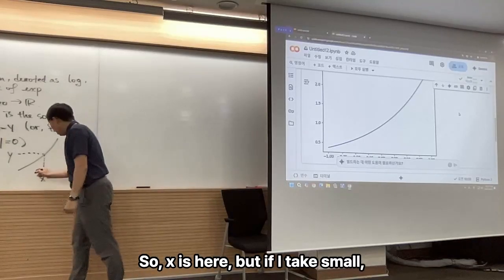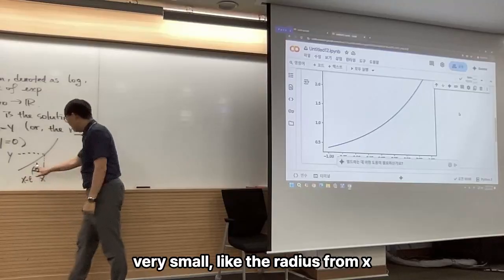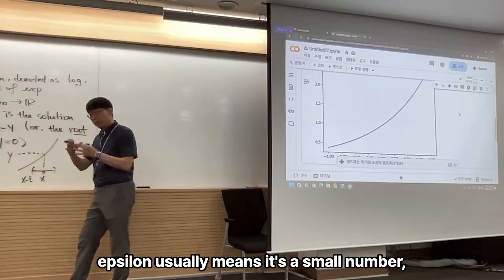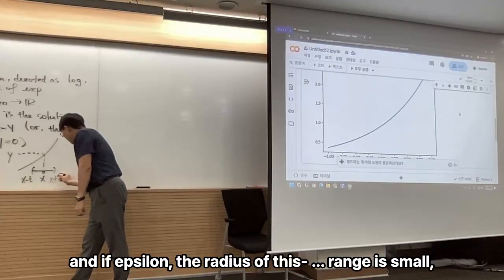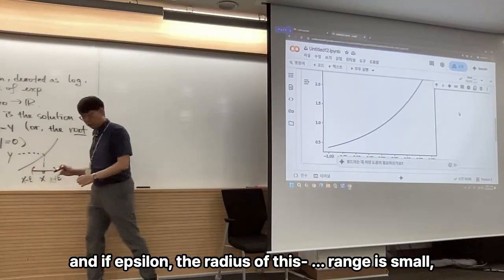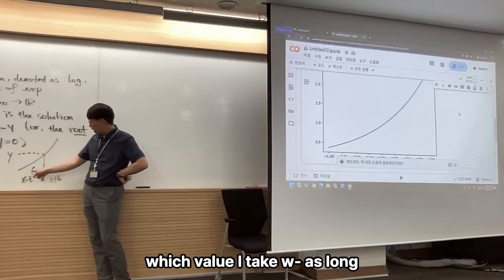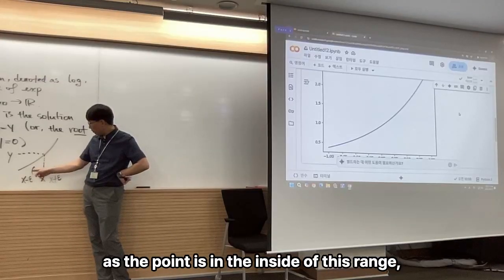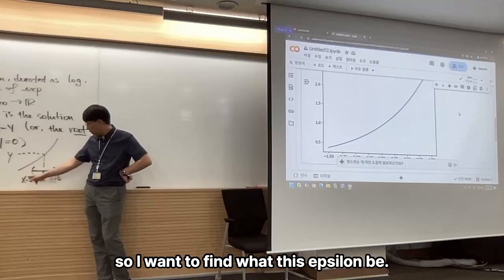So x is here, but if I take a very small radius from x, epsilon. Epsilon usually means it's a small number. And if epsilon, the radius of this range, is small, then it doesn't matter which value I take, as long as the point is inside of this range. So I want to find what this epsilon is.